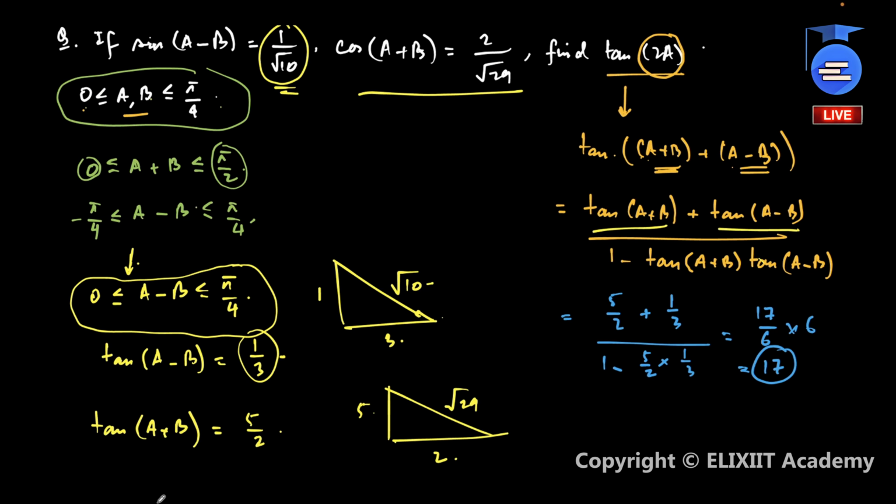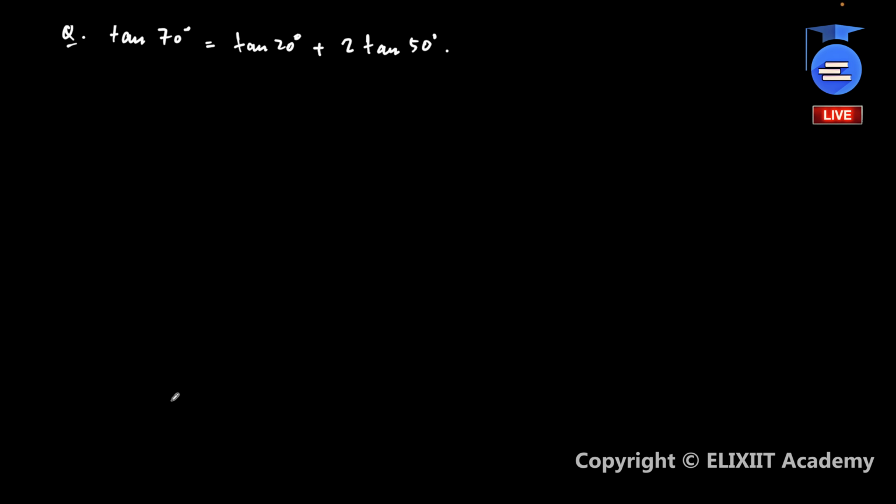Okay, now let us move on to the next type of questions. Here we have this question now, which says we have to prove this actually: tan 70 is tan 20 plus 2 times tan 50. Basically, we have to see whether this relation holds or not.